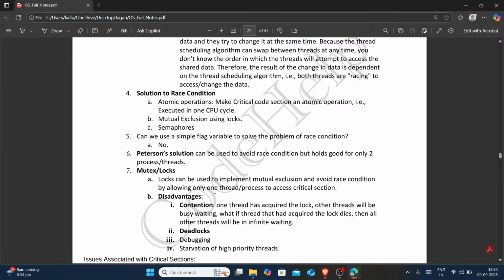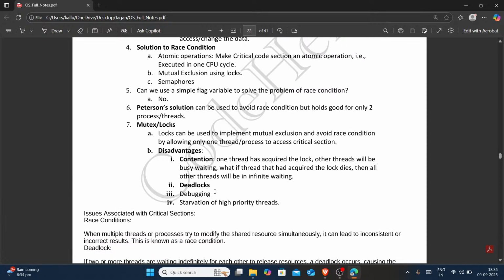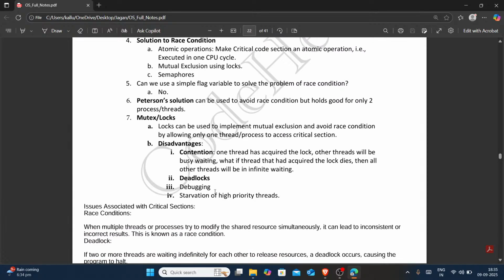Mutex locks. We can solve race conditions with mutexes and locks.